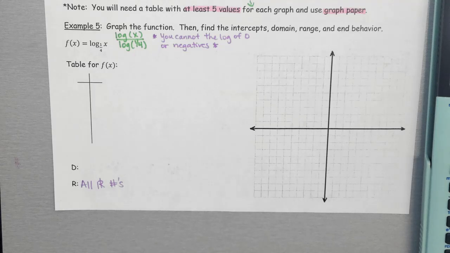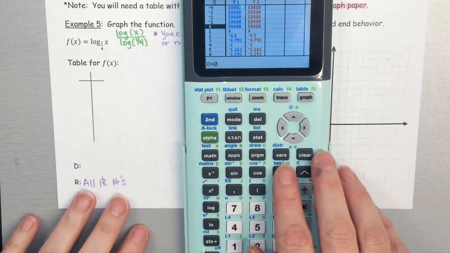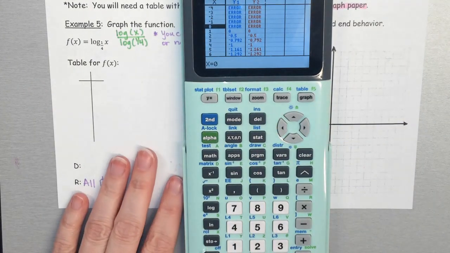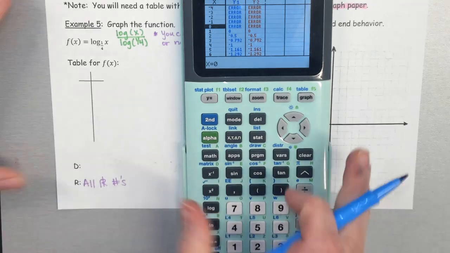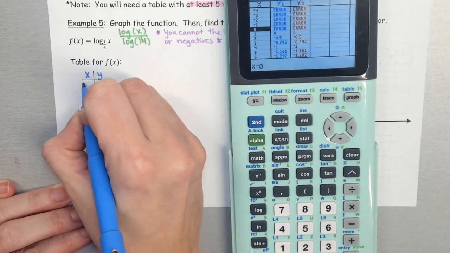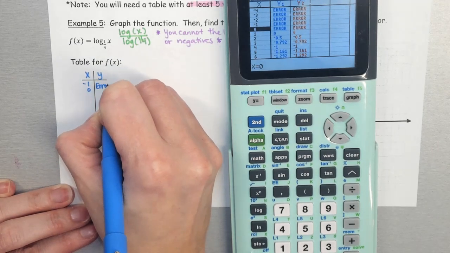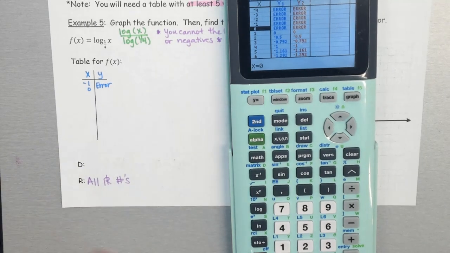So you aren't going to be able to go past a certain point with your x's. So what we're going to do is start plugging in some values. On the table, I like to make a note here, like for -1 and 0, that you do get an error, so you know that that's okay.